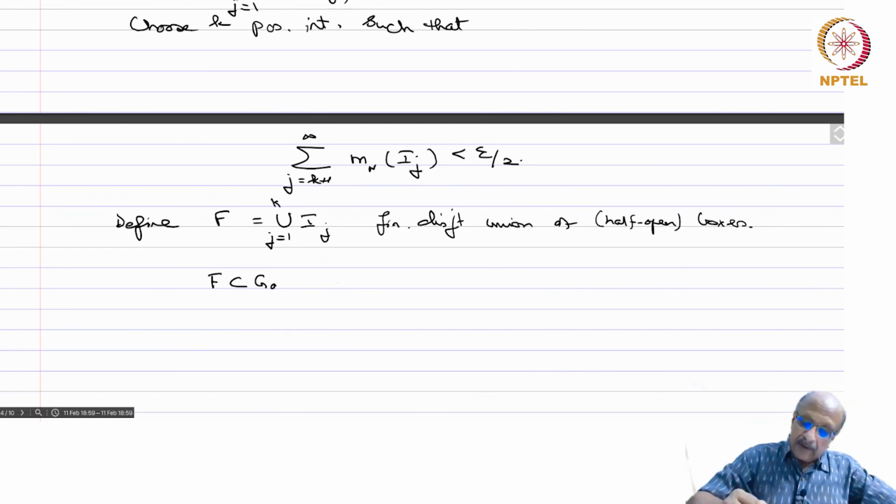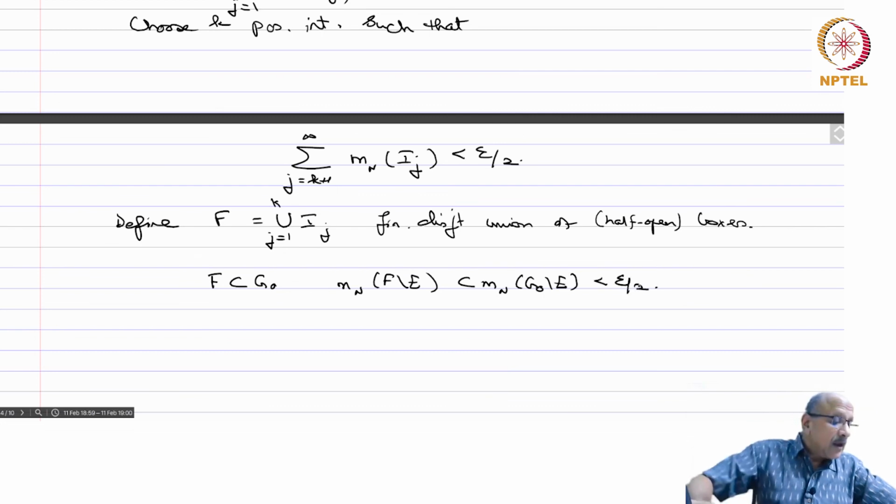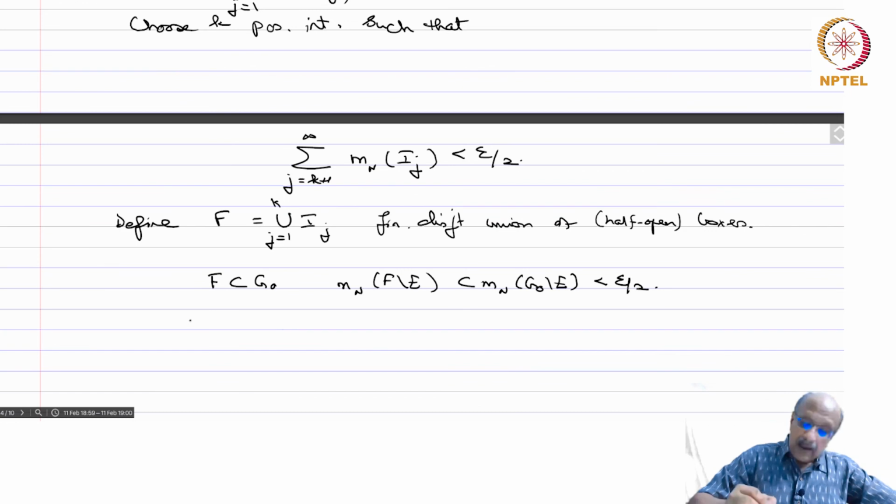So Mn of F minus E is at most Mn of G0 minus E, which we already know is less than epsilon by 2. And what is Mn of E minus F?